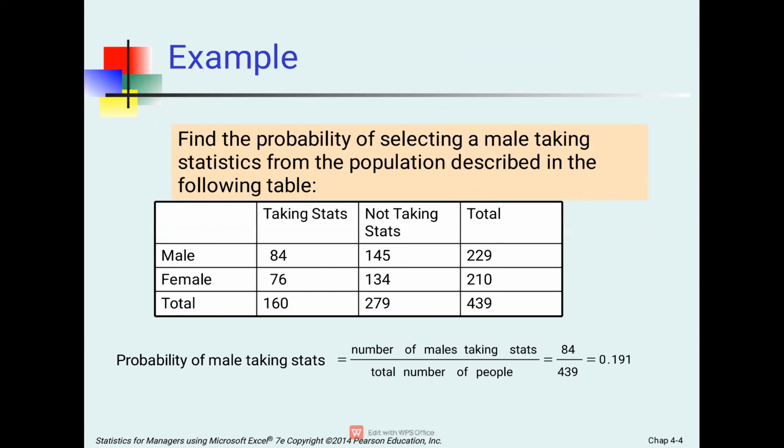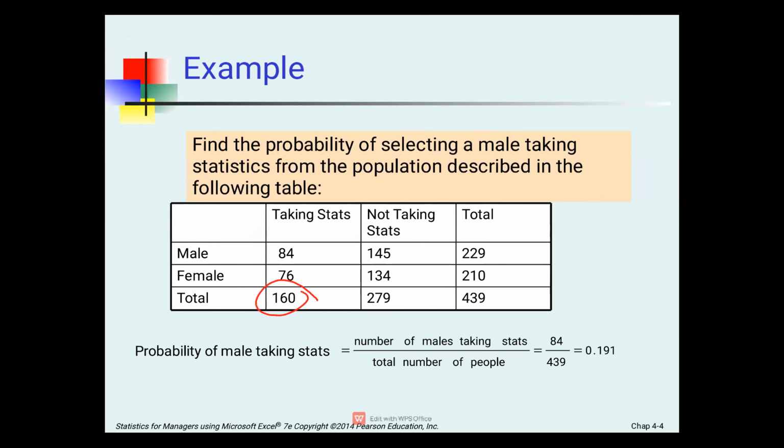So if you're given a contingency table like this one, we're given the males that take statistics, and those that don't take statistics, male and female. When you sum the first column, you have 106. That is the total number of people taking statistics.